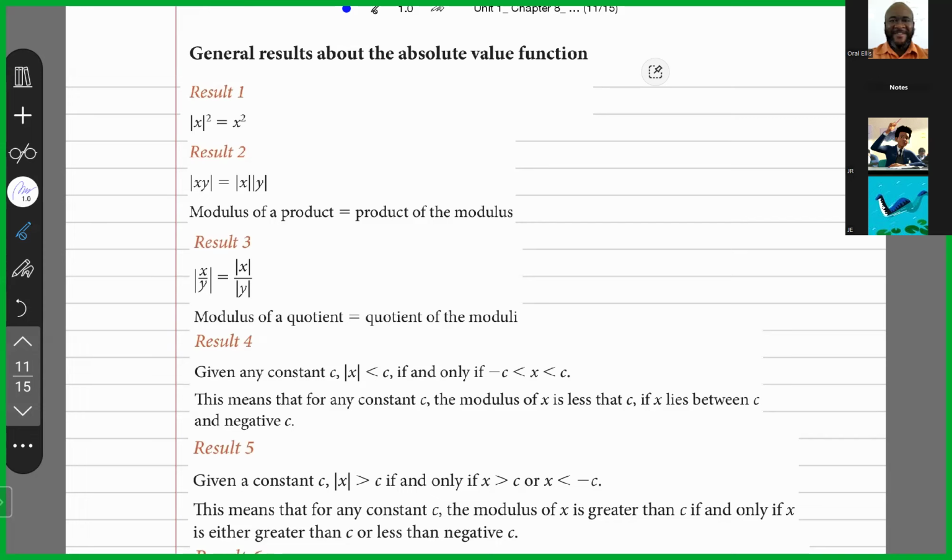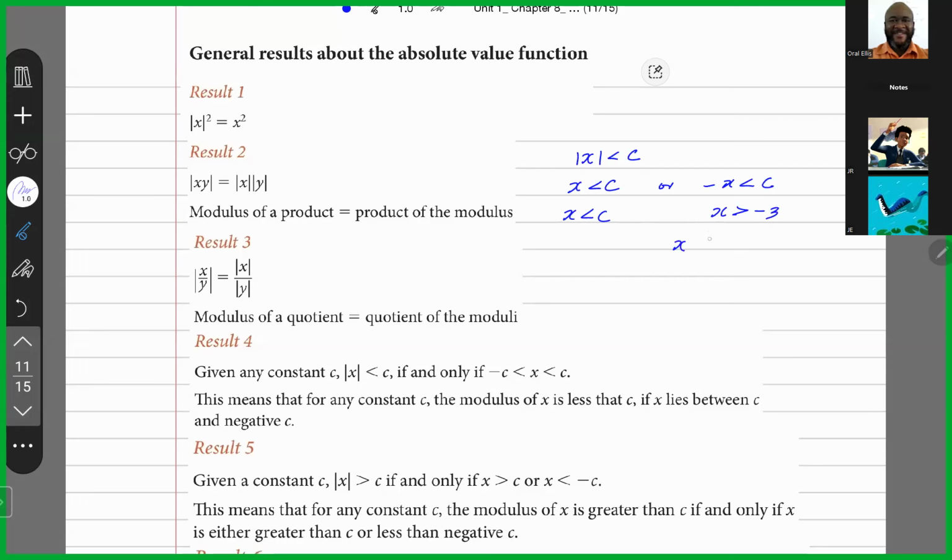All right, so this is a result that, in particular, you need to be able, if necessary, to reproduce for yourself. So, for example, the mod of x is less than c. I could say that x is less than c, or minus x is less than c. And so x is less than c, or x is greater than minus c.